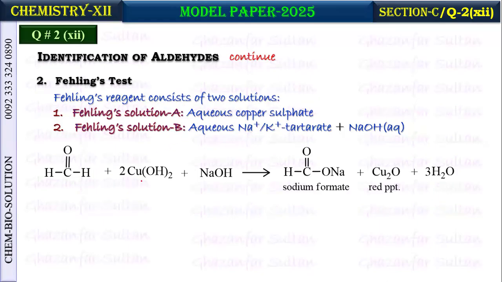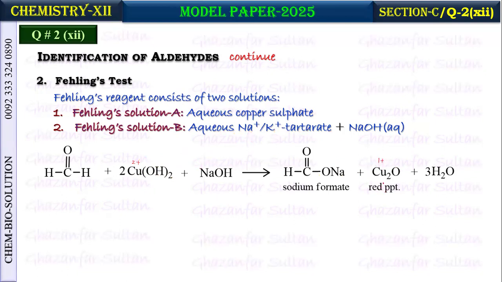What happens is, this is blue in color, and in the presence of tartrate, the copper ions are available in solution. The copper 2+ ions are converted into copper 1+. It is going from 2+ to 1+, so it is a reduction.